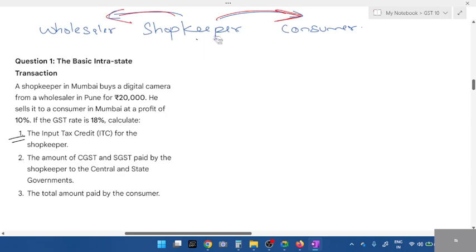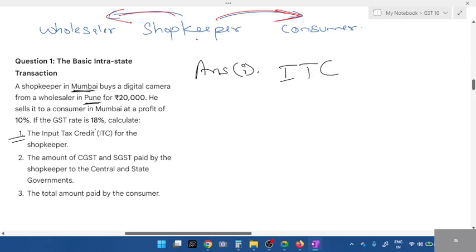So how will you calculate the first question? It is a direct question, right? Answer 1. The ITC for shopkeeper. Just write ITC. ITC is nothing but input tax. So the shopkeeper is buying a digital camera in Mumbai from Pune. They are in the same state. So for same state, we use GST, students.